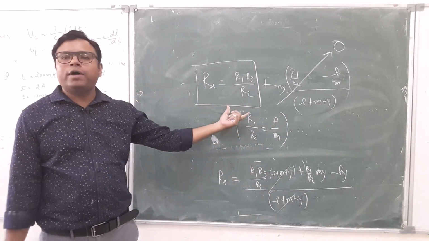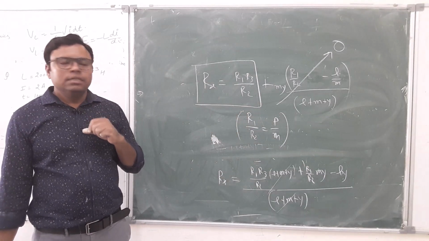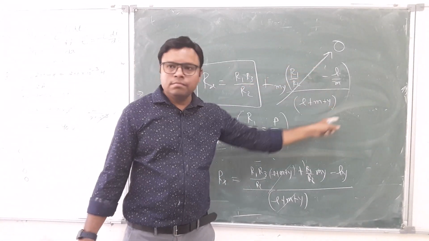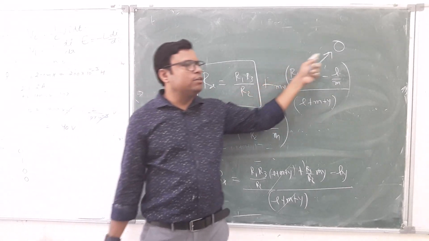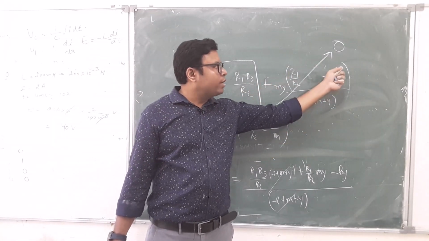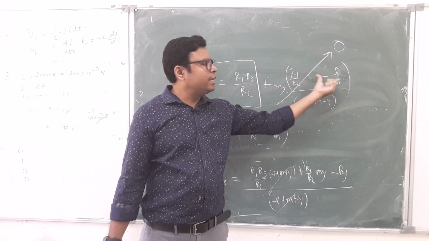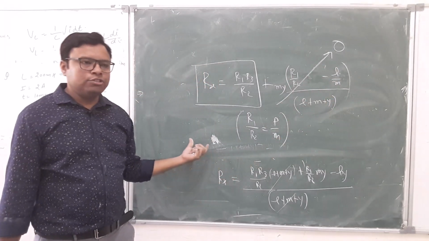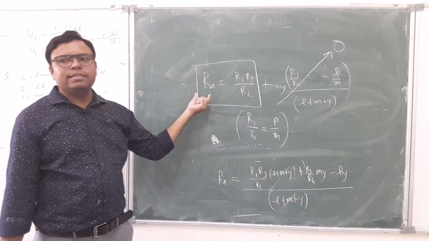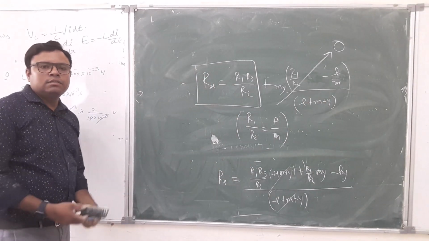You come to this point and then you will realize that this is the error in my reading. If I want to know the unknown, I have to take this into account. So if I want to cancel, this ratio should be equal. For this ratio to be equal, I will get this equation. Okay. So that's the thing.